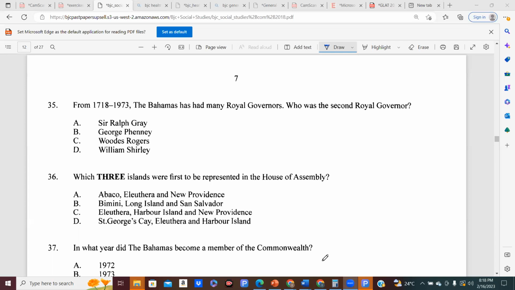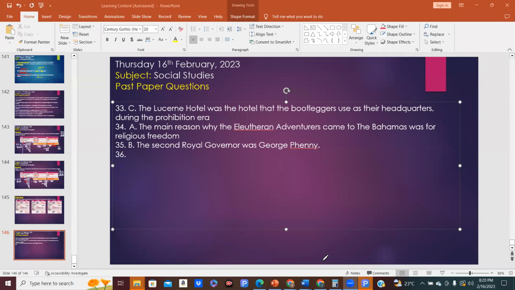Say which one you say it is. B, George Finney. Oh, my apologies, I didn't change my slide. So the correct answer is B. The second royal governor was George Finney.